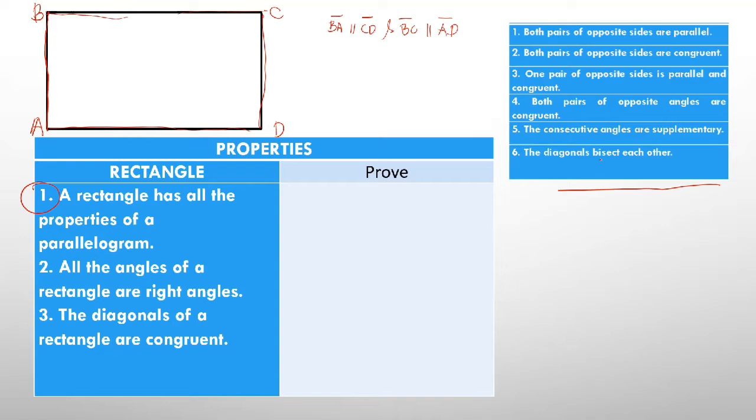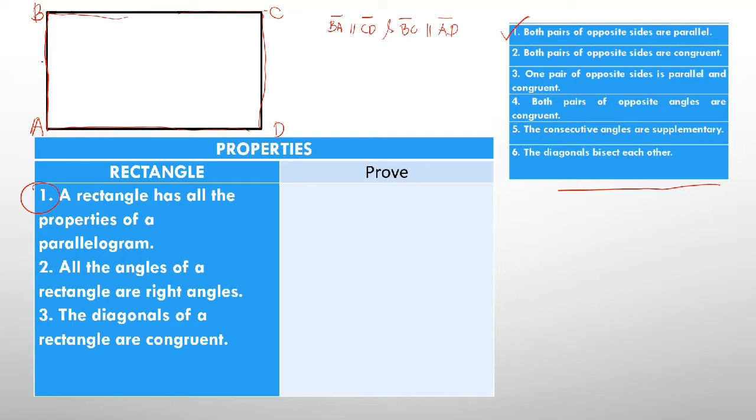Now next, let's prove the second one. Both pairs of opposite sides are congruent. So in our rectangle, we need to see that both pairs of opposite sides are congruent. Since this is a rectangle, the opposite sides of our rectangle must be equal.